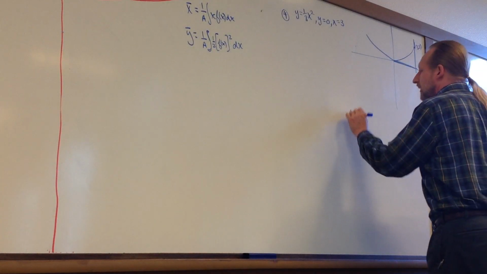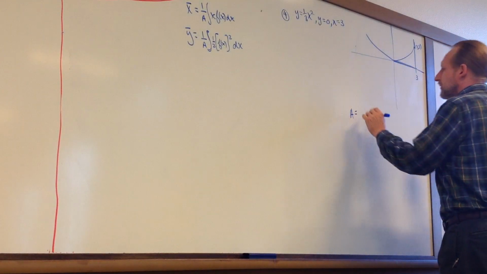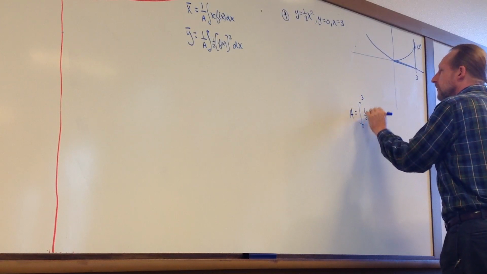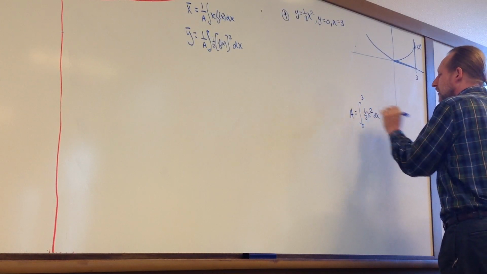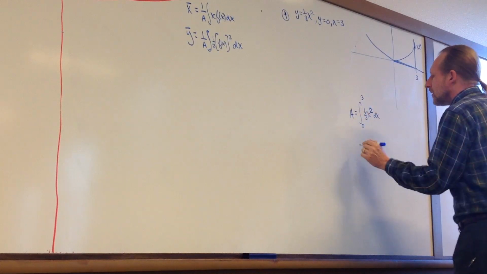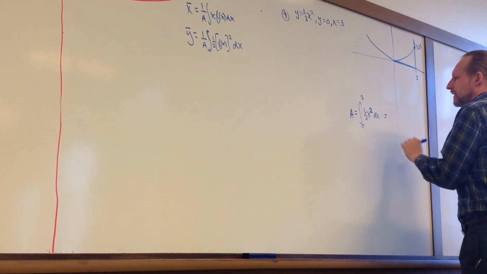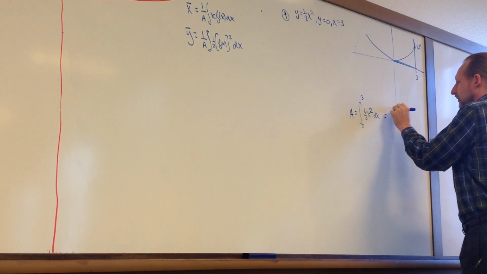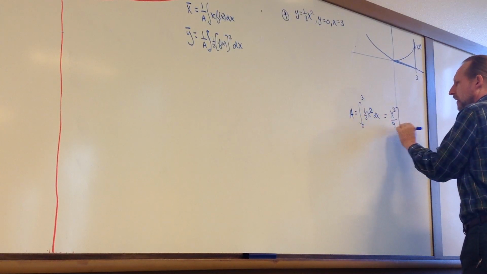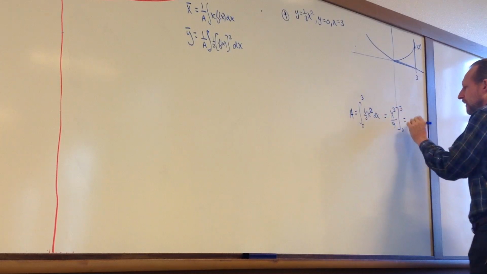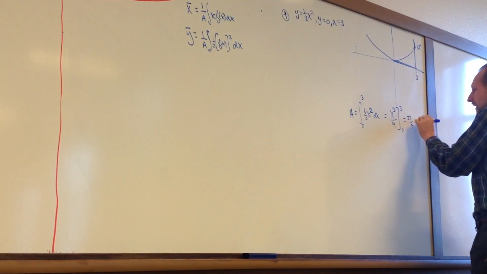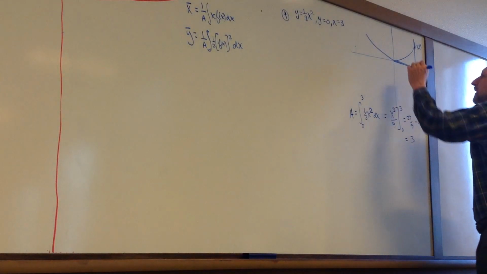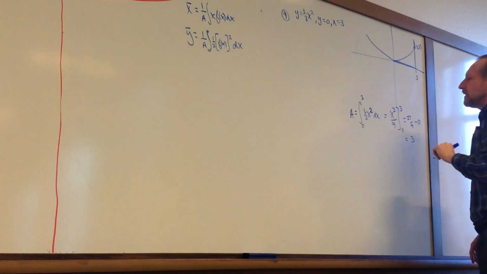All right, so our area is going to be the integral from 0 to 3, 1/3 x squared dx. So if we do the integral here, that'll be x cubed over 3 times 1/3. So x cubed over 9 from 0 to 3, 27 over 9 minus 0, so that's going to be 3. Okay, so that's our area inside there is 3.